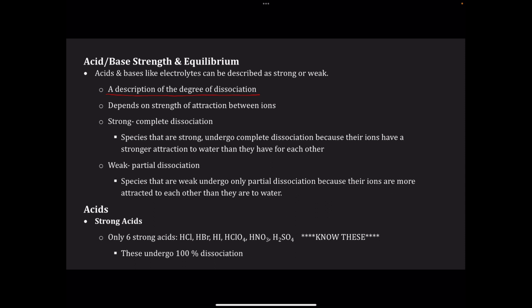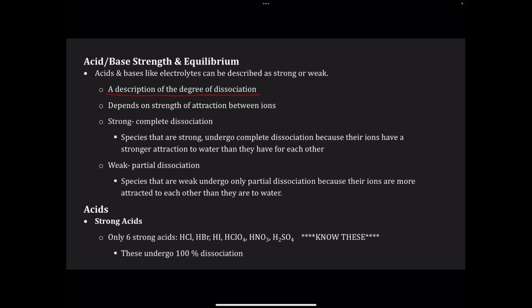These substances are weak and undergo only partial dissociation because their ions are more attracted to each other than they are to water. Or another way we can think about it is that our original bonds are stronger than that bond to water will be. And so we're able to either reform our original material, or it doesn't break apart very well.